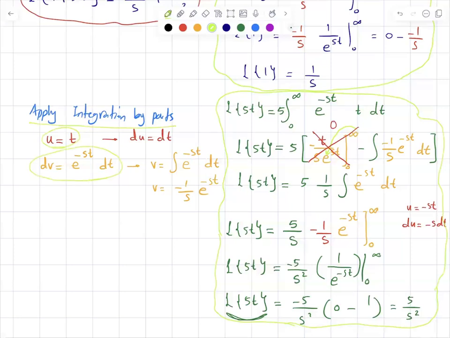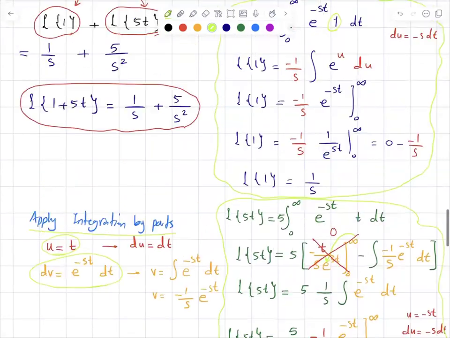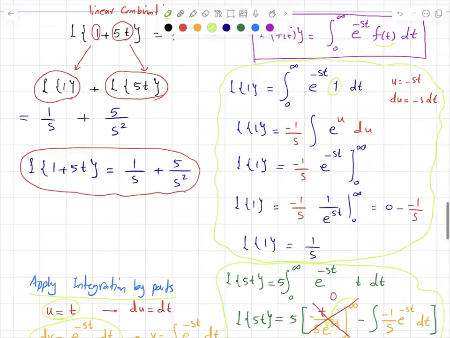With the method of integration by parts, we found the Laplace of 5t, which is 5 divided by s squared. So we could go back up here and write down the Laplace transformation of 1 plus 5t, which is 1 over s plus 5 over s squared.